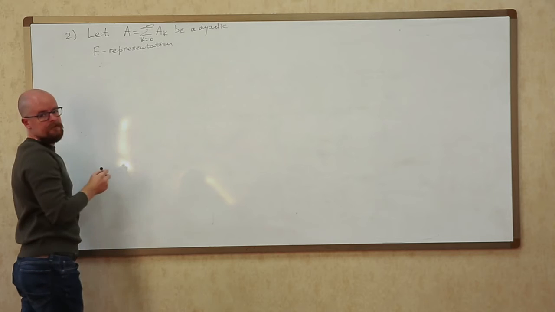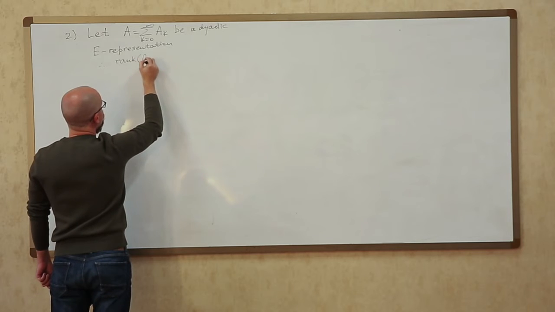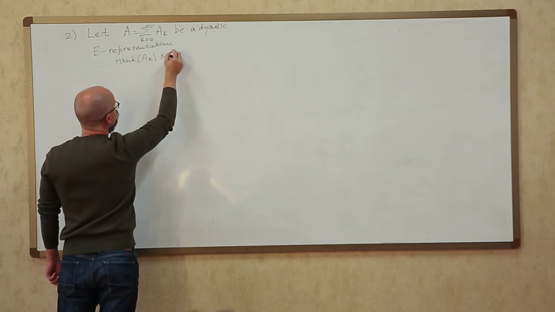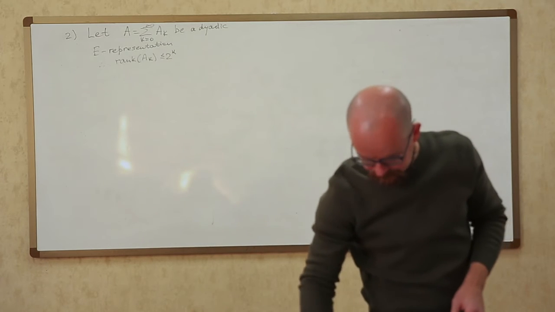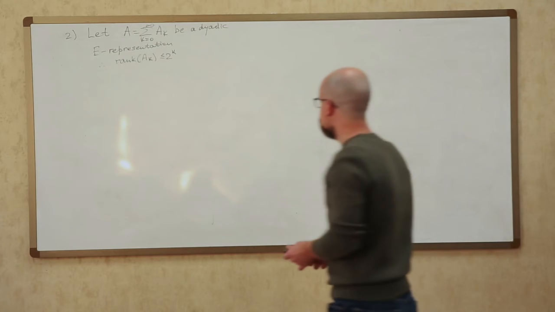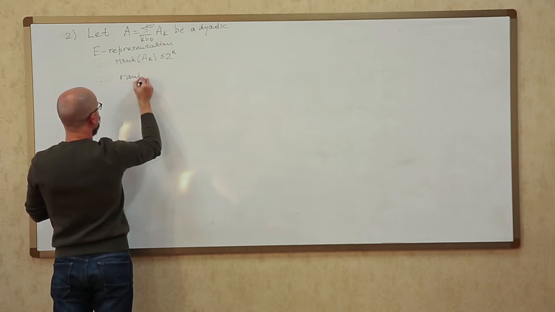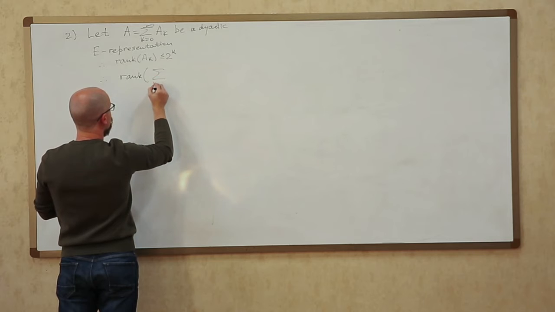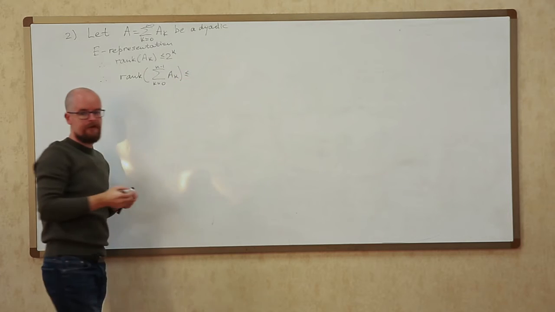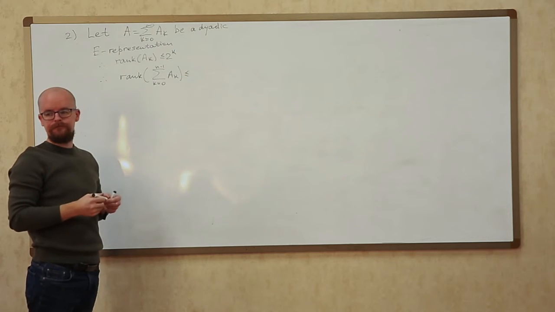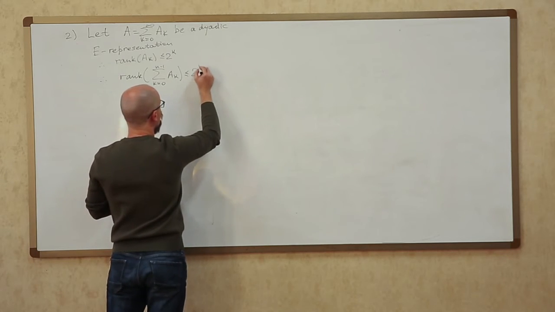From this we instantly get that the rank of A_k is less than or equal to 2 to the power of k, just by definition. Hence, the rank of the sum is at most 2 to the power of n.